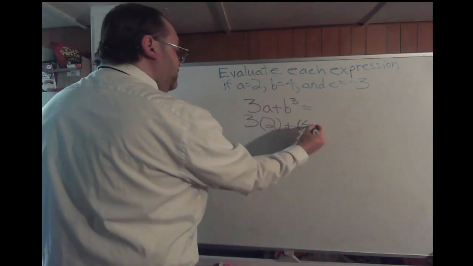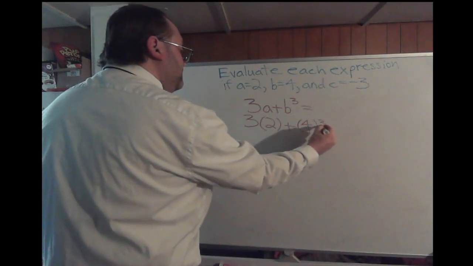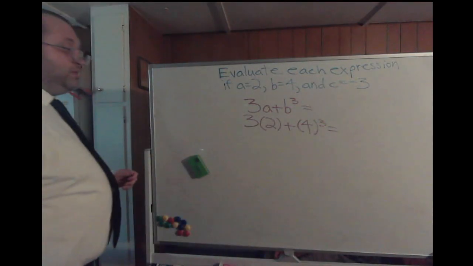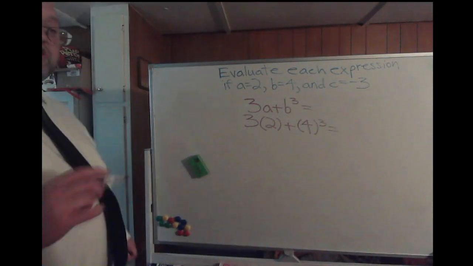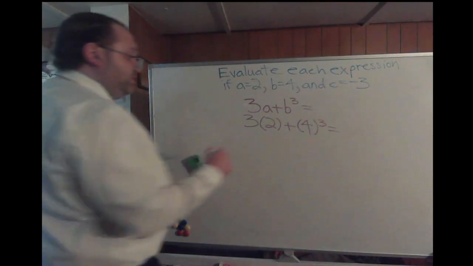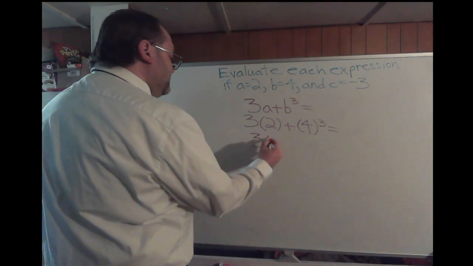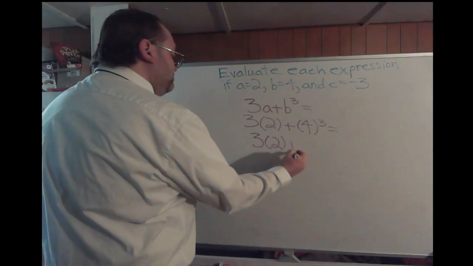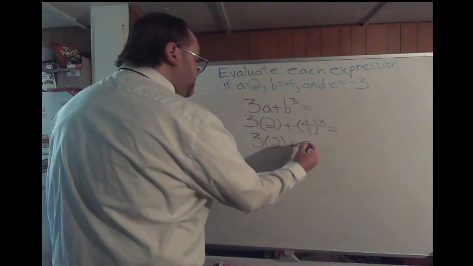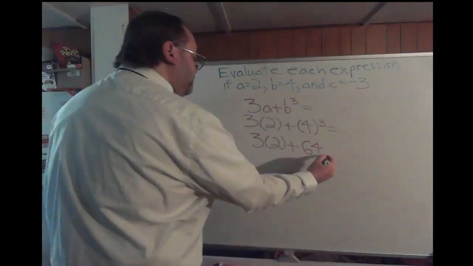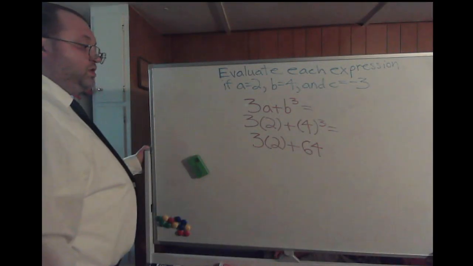That would be 4 to the 3rd power. So we have multiplication, addition, and exponents. Well, the order of operations tells us we do the exponents first. So you'd be left with 3 times 2 plus, what is 4 to the third power? That would be 64.